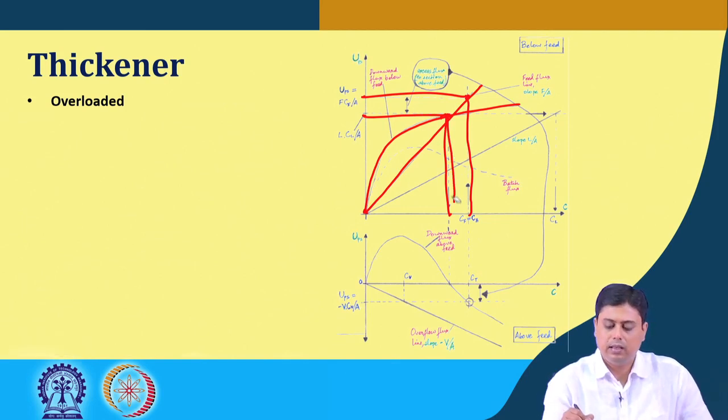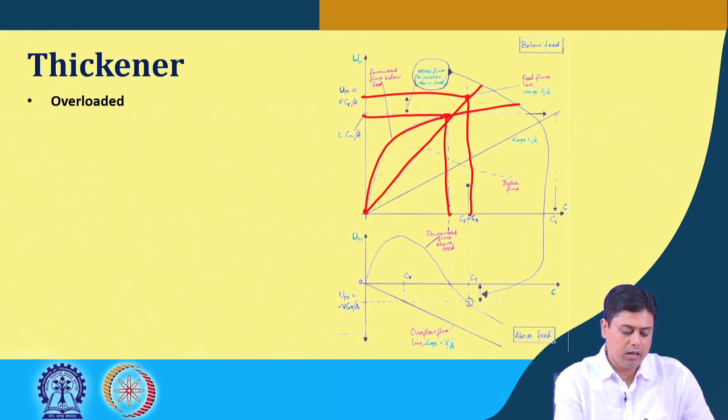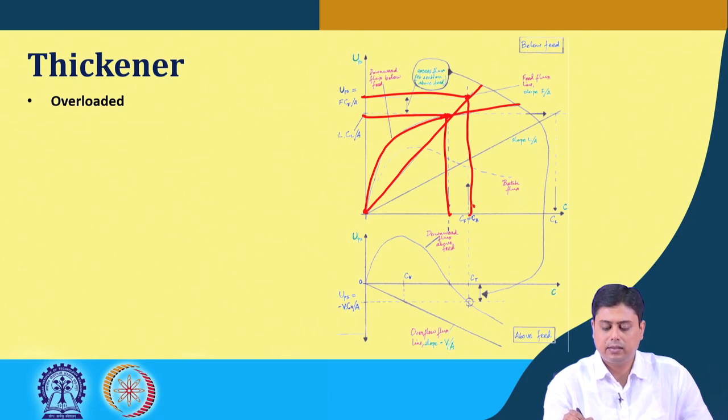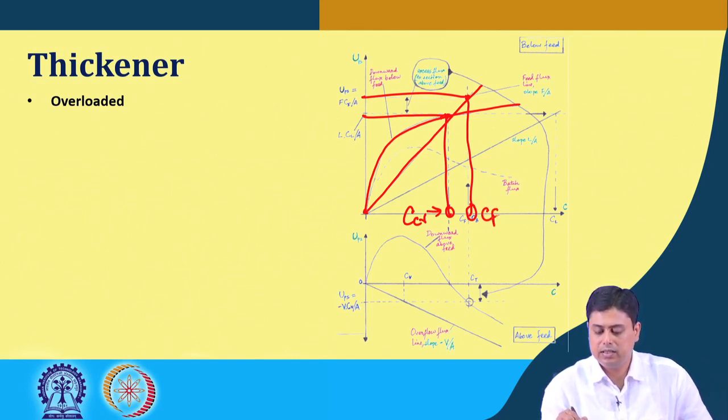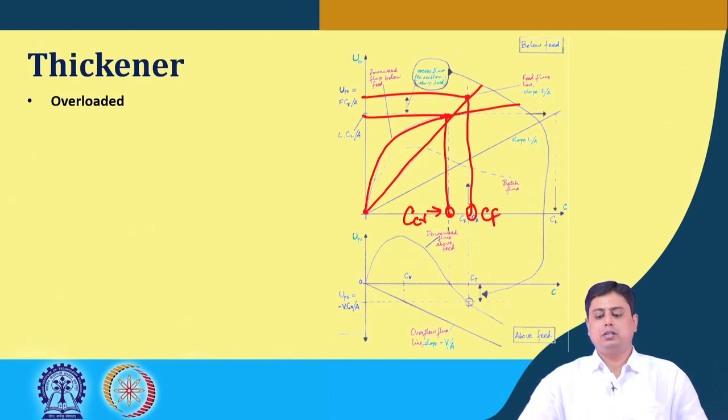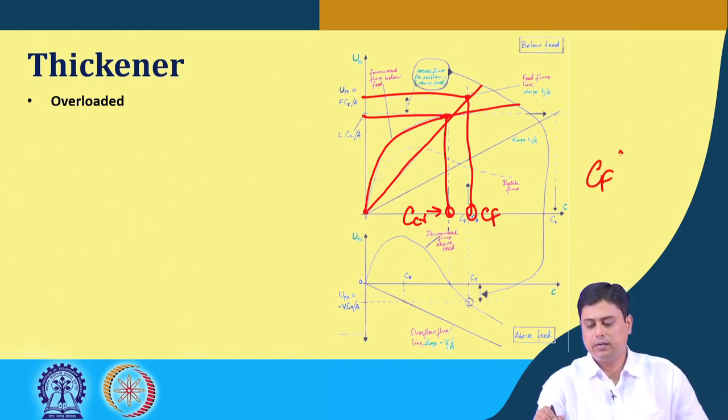But we see that the thickener is working with the feed concentration in excess of this critical Cf, say if I call it Cr. If this is the critical concentration, then this is the Cf it is operating, which is in excess of that.